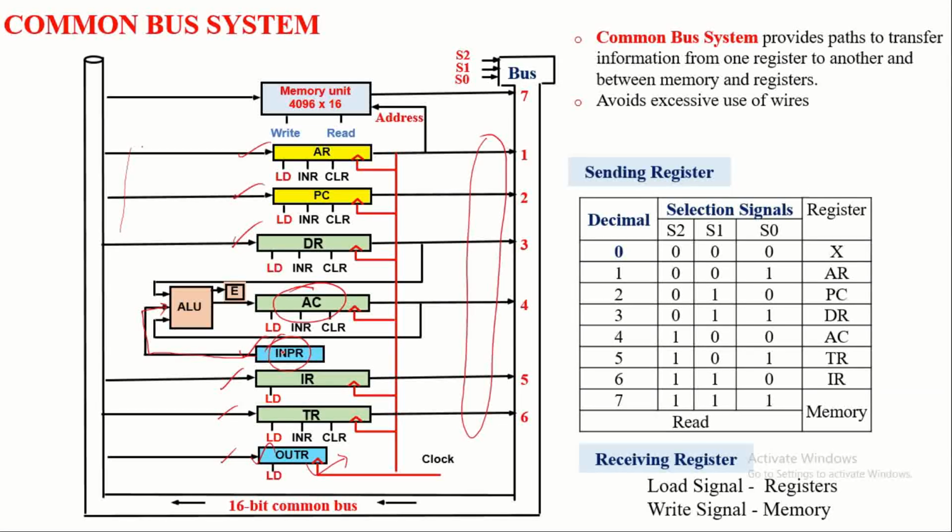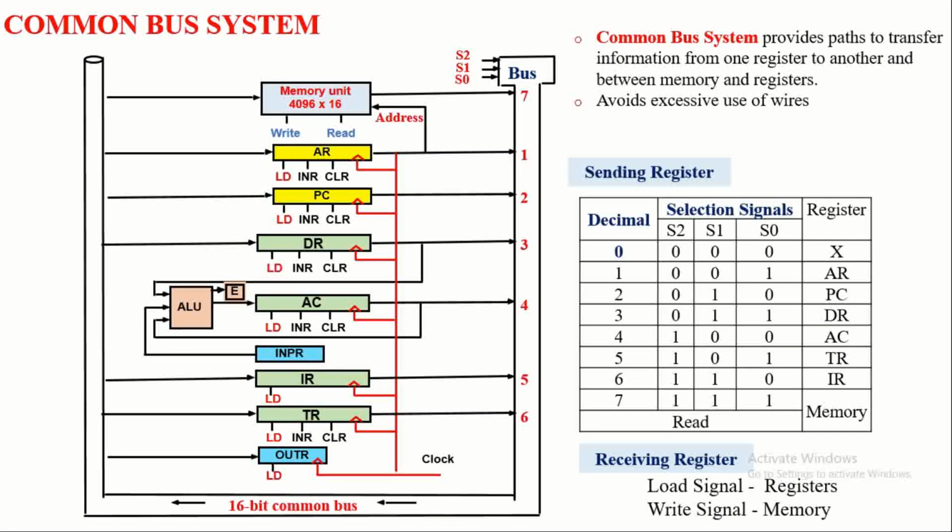Here you see the input register always receives information from the input unit only, and the accumulator always receives any information through the ALU only. So the accumulator never receives any information directly from the bus. So this is the connection between the registers and the common bus.